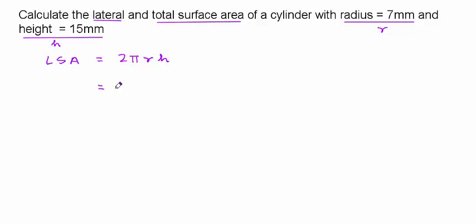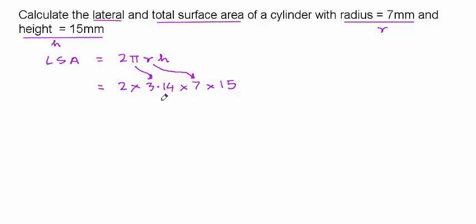Let's just plug in the numbers. This is equal to 2 times 3.14, that's pi, times the radius, which is given to be 7 millimeters, times the height, which is 15 millimeters.